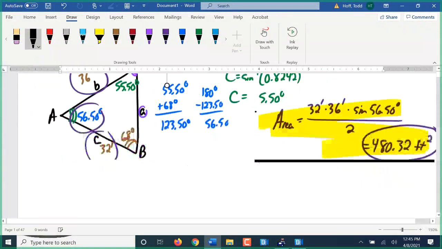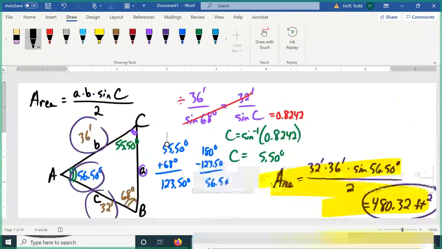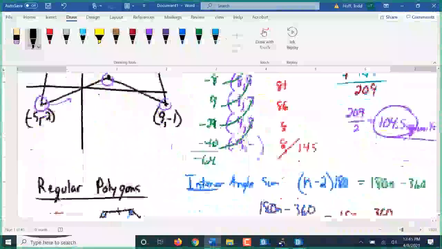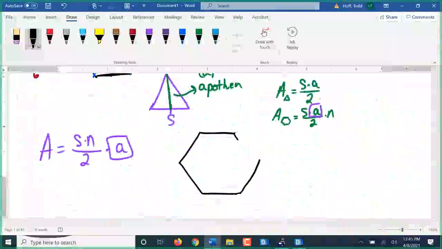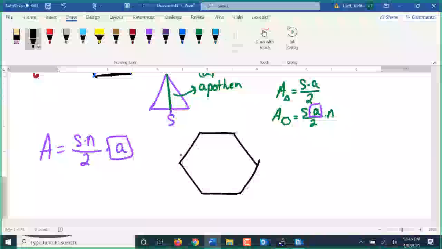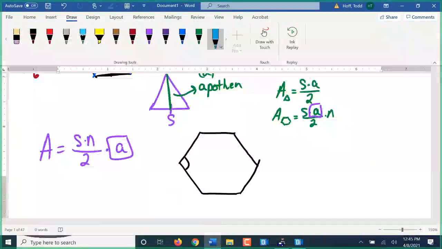A little bit better. We know that each of these interior angles is 180 minus 360 degrees over n.